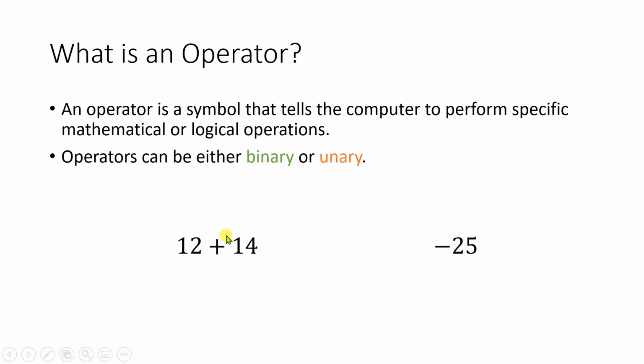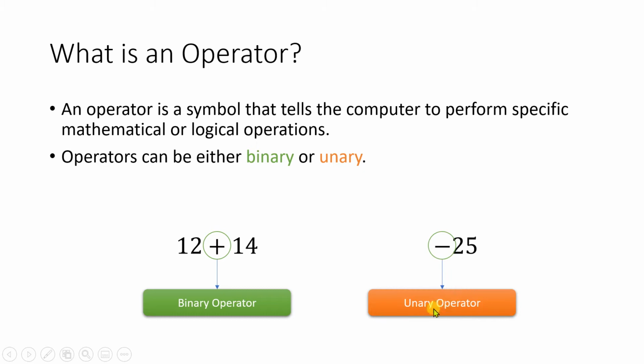But in the first expression there are two operands involved, 12 and 14, so this operator is called a binary operator. In the second, only one operand is involved, so this is called a unary operator. A unary operator means one operator and one operand. A binary operator means one operator and two operands.